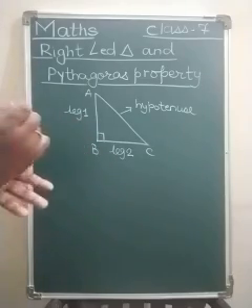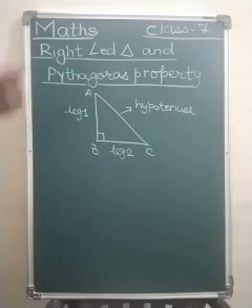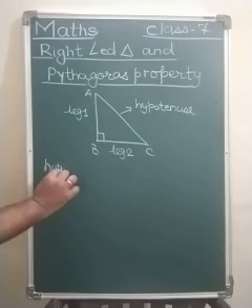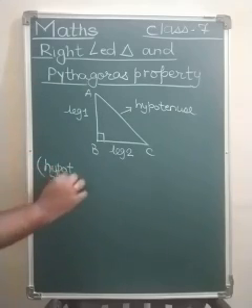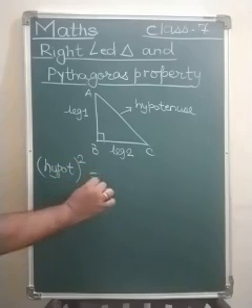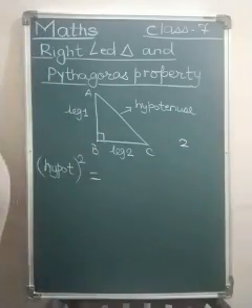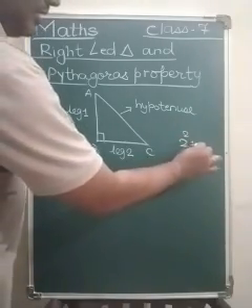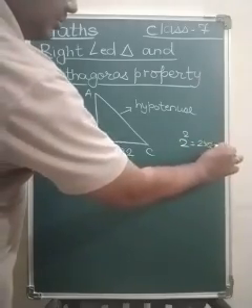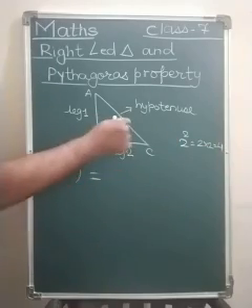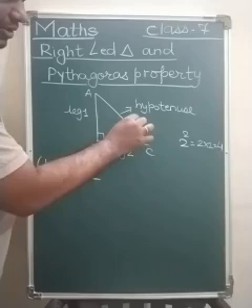A simple property, we just have to apply. That means this property says that hypotenuse, this is the short form I am writing, square. Square means, suppose you take a number 2, the square of 2 means 2 multiplied by 2 equals 4. This is what is meant by square. Suppose the hypotenuse is 5.